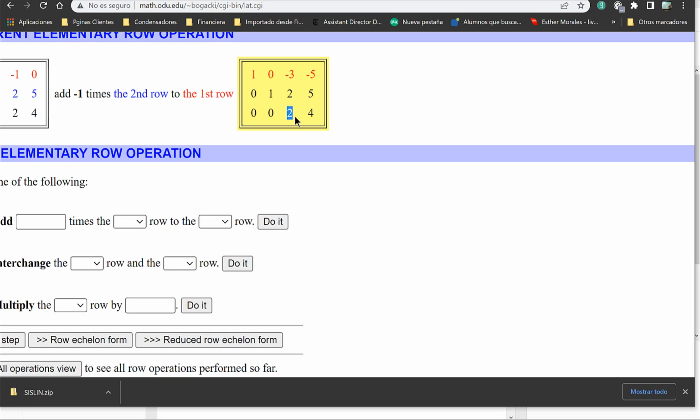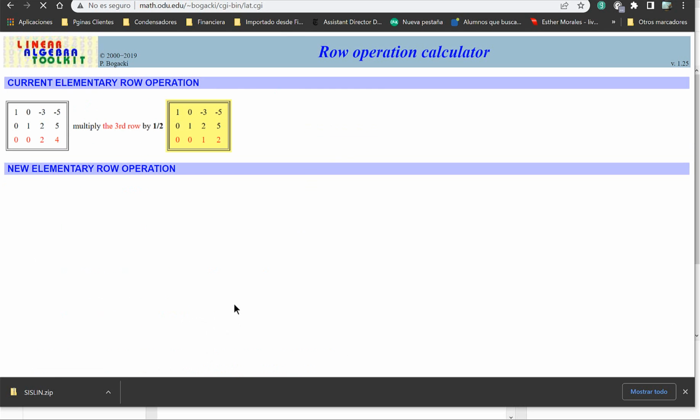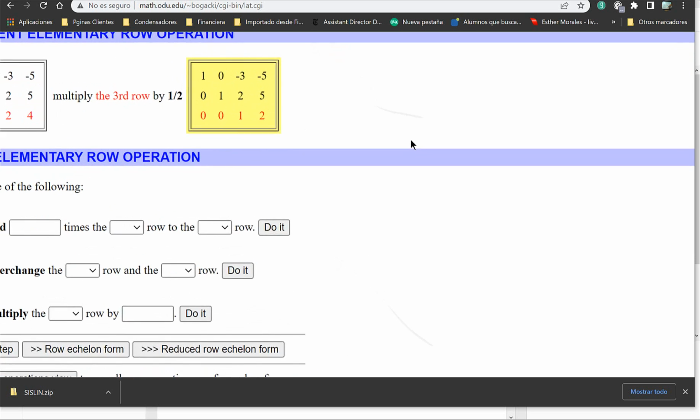And then go to the third row. It is much better to work with ones than with twos. Then multiply the third row by 1/2 to get a 1 in the pivot that I'm going to use. Do it. Here it is, the 1.